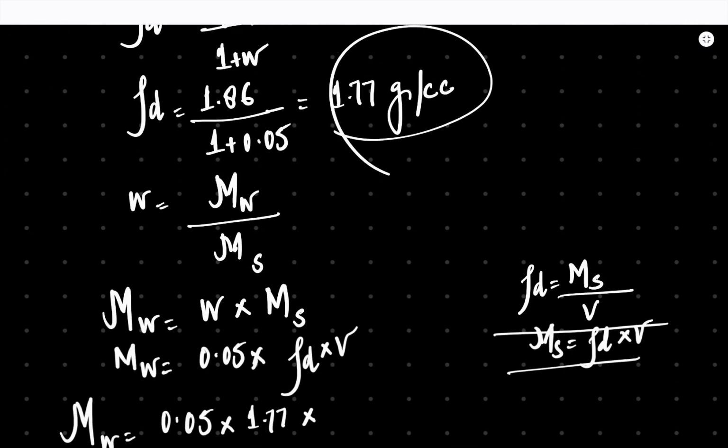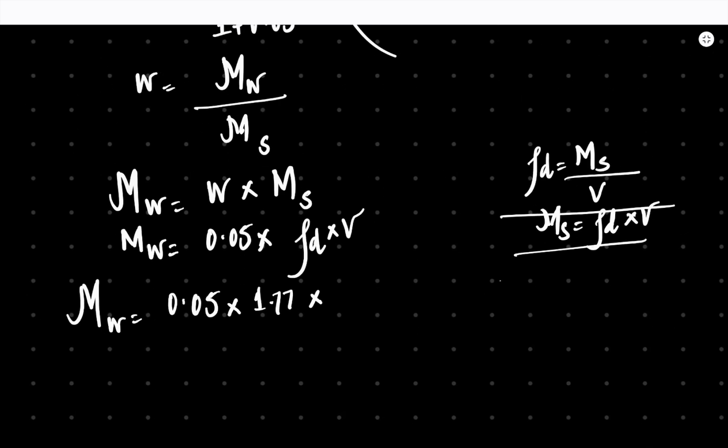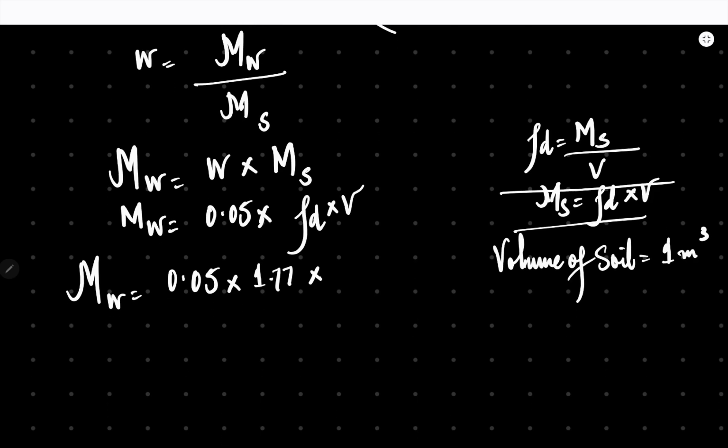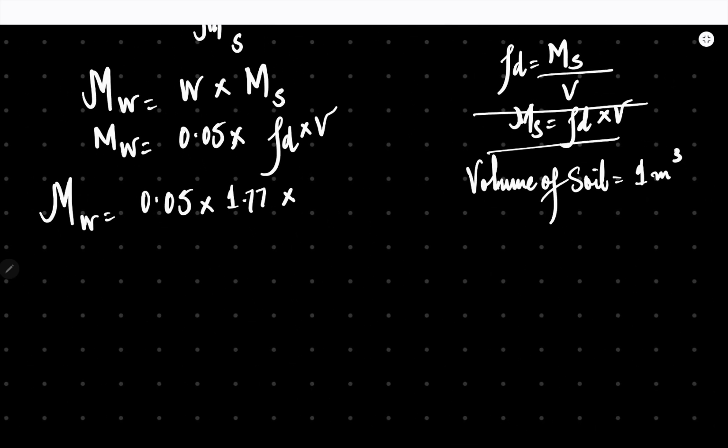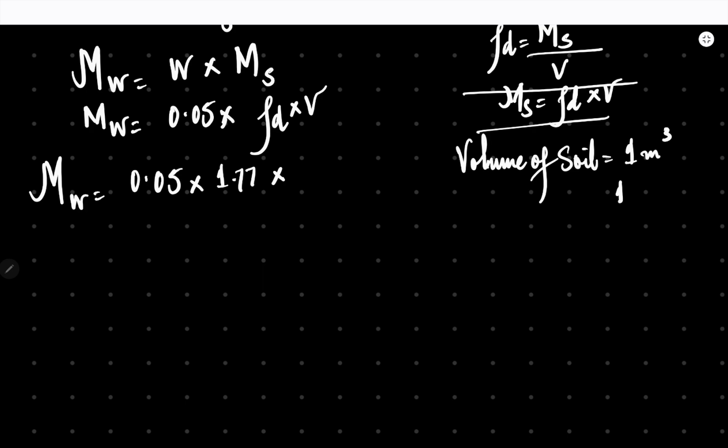So volume is 1 cubic meter. So I'll write it here. Volume of soil is 1 cubic meter, and 1 cubic meter is 10 raised power 6 centimeter cube.